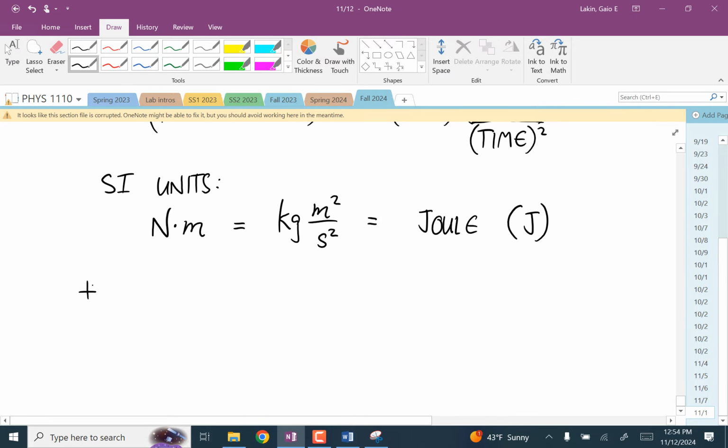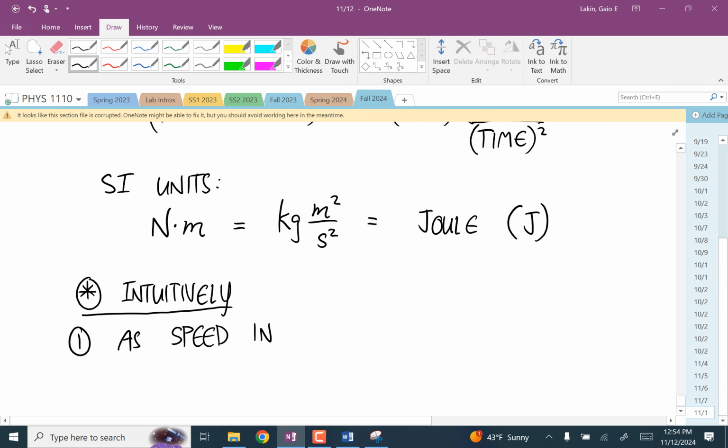Okay, intuitively, this is kind of the way to think about what kinetic energy is. As the speed increases, an object's kinetic energy goes up.